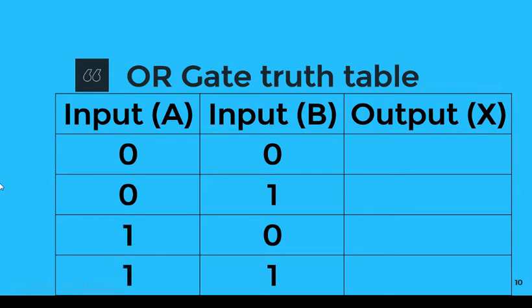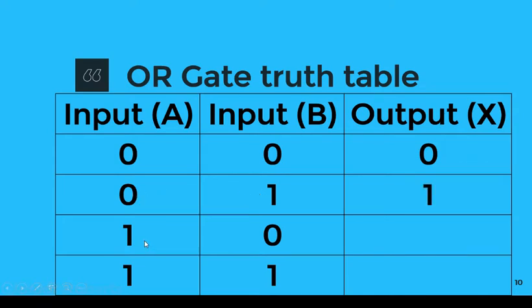Now, earlier on in the video, I said that the OR gate functions similar to us summing the bits, or summing the values that are at the input of the OR gate. So if we look at the first row here, when we have 0 and 0, the sum of 0 plus 0 is 0. In this case, if we take 0 plus 1, we will get 1.